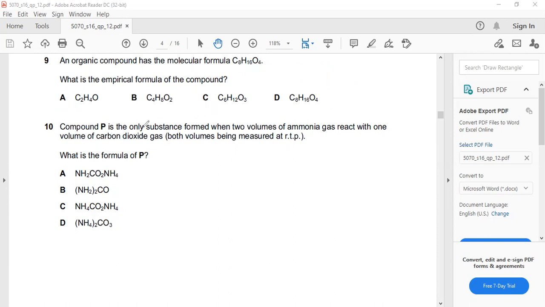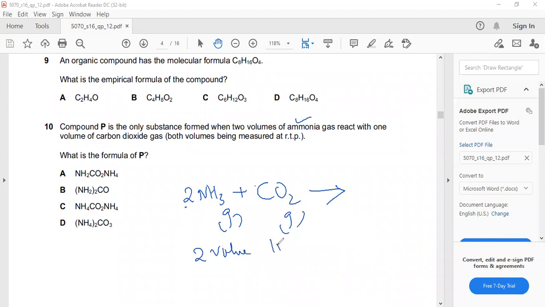Compound B is the only substance formed when 2 volumes of ammonia gas react with 1 volume of carbon dioxide. So 2 and 1. Volume and mole are the same for gases. Usually you are taught 2 moles and 1 mole, right?